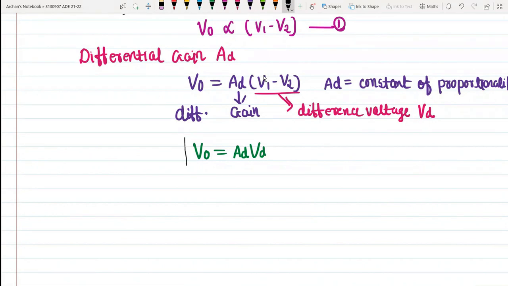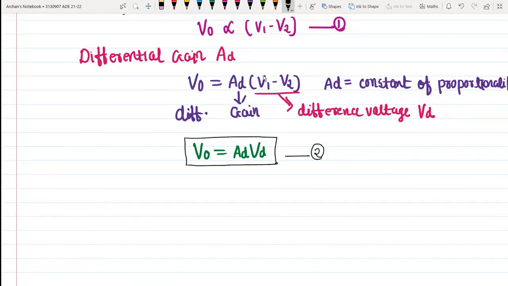This is the output equation of the differential amplifier. Let us call this equation number 2.